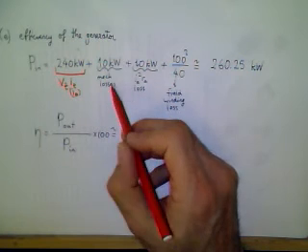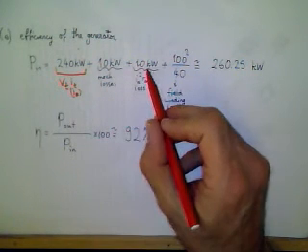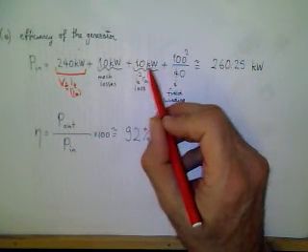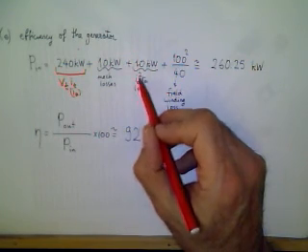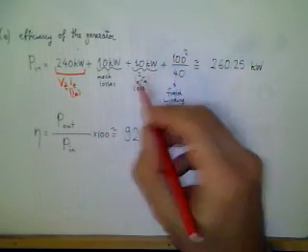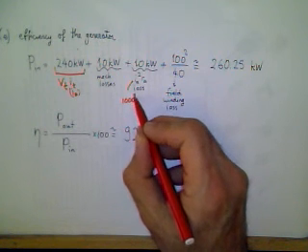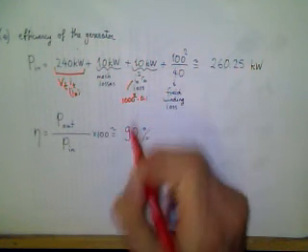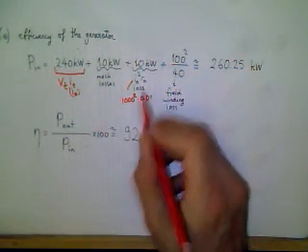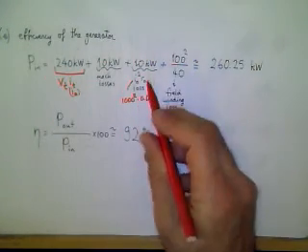We do have 10 kilowatts in the mechanical losses. We do have 10 kilowatts calculated from IA squared RA. IA was 1000. So if we multiply these quantities, we end up with 10 kilowatts.